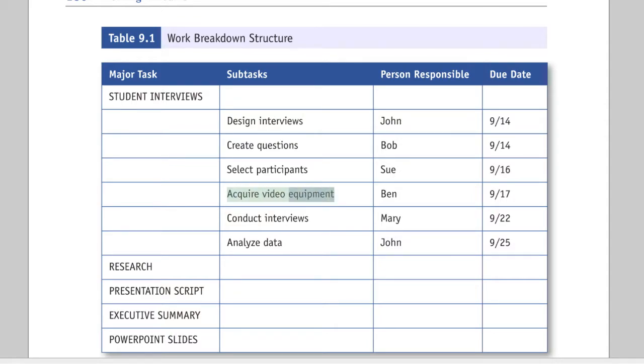Acquire video equipment. Ben. 9/17. Conduct interviews. Mary. 9/22. Analyze data. John. 9/25. Research. Presentation script. Executive summary. PowerPoint slides. Table 9.1 Work breakdown structure.